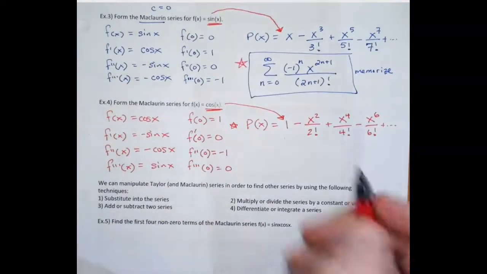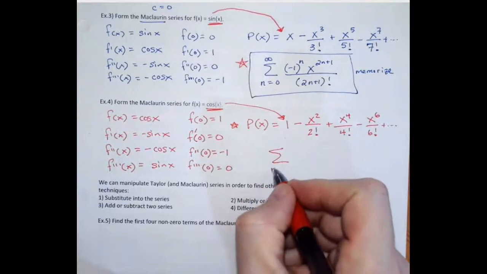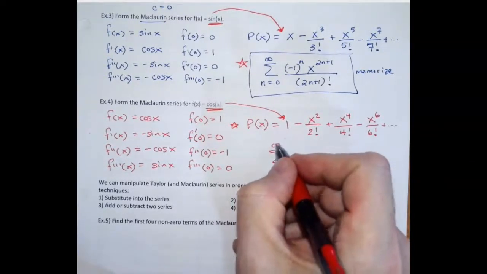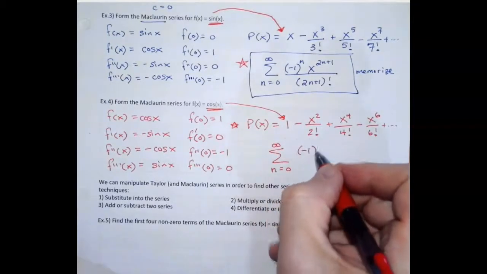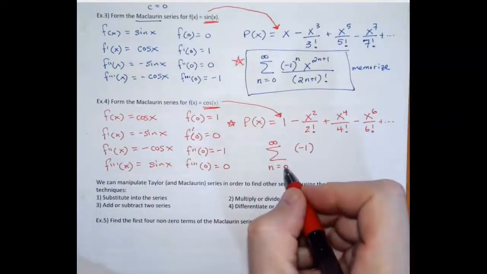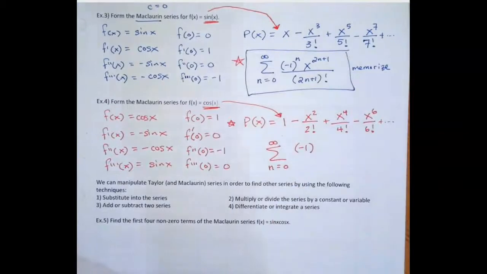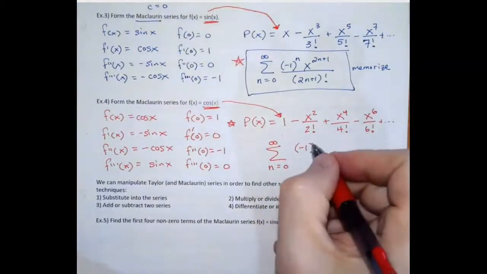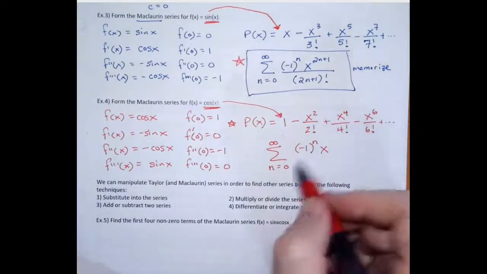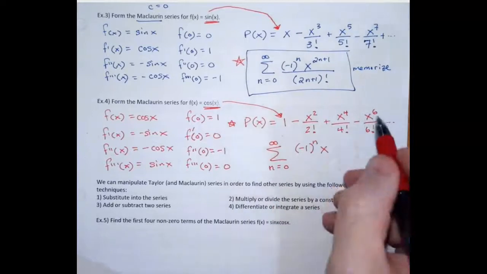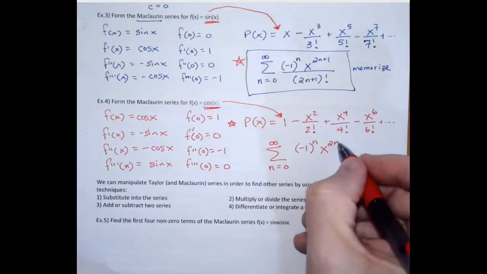Okay, so now we'll get the sigma notation there, and we still need to alternate signs, but we want that first one to be positive, so that's going to be negative 1 to the n. And now here, the first exponent we want to be 0, and then we want it to be even, so that's actually going to be 2n.